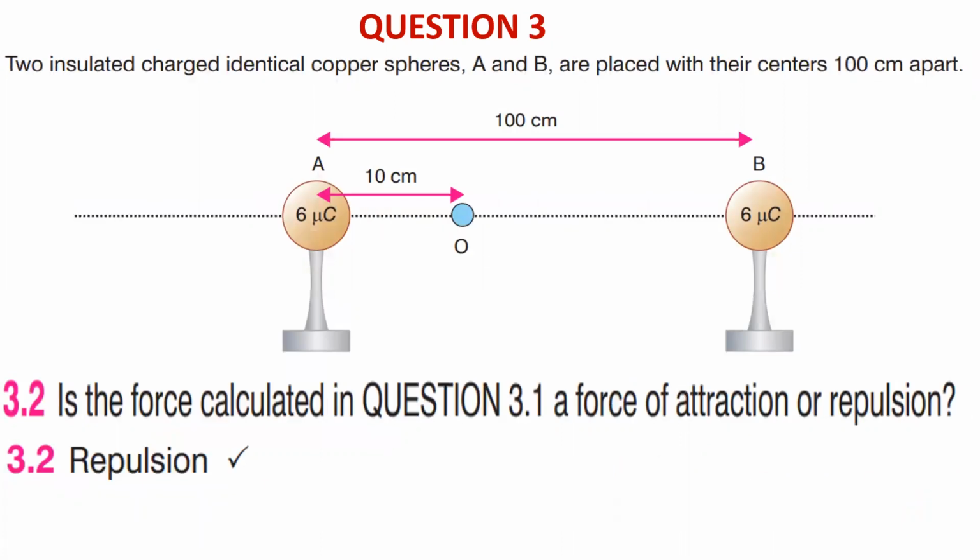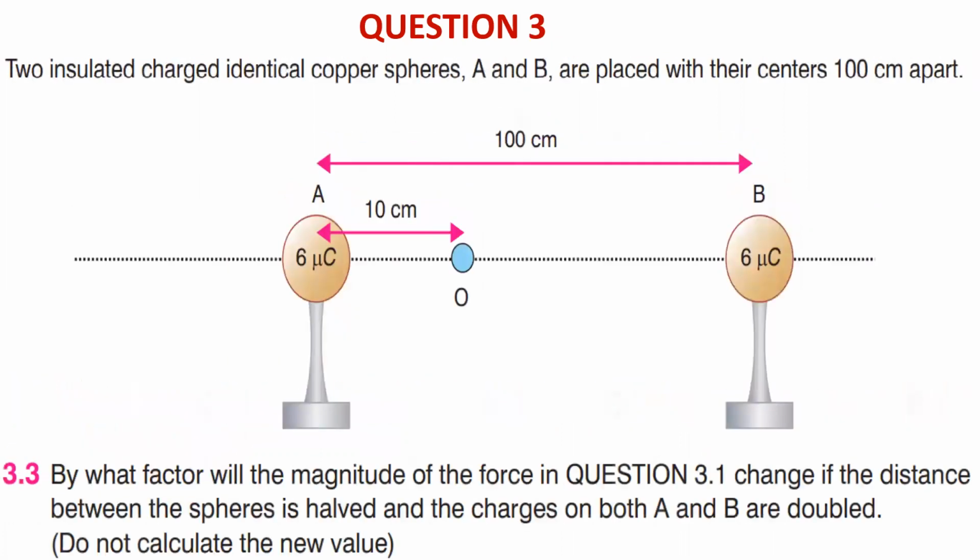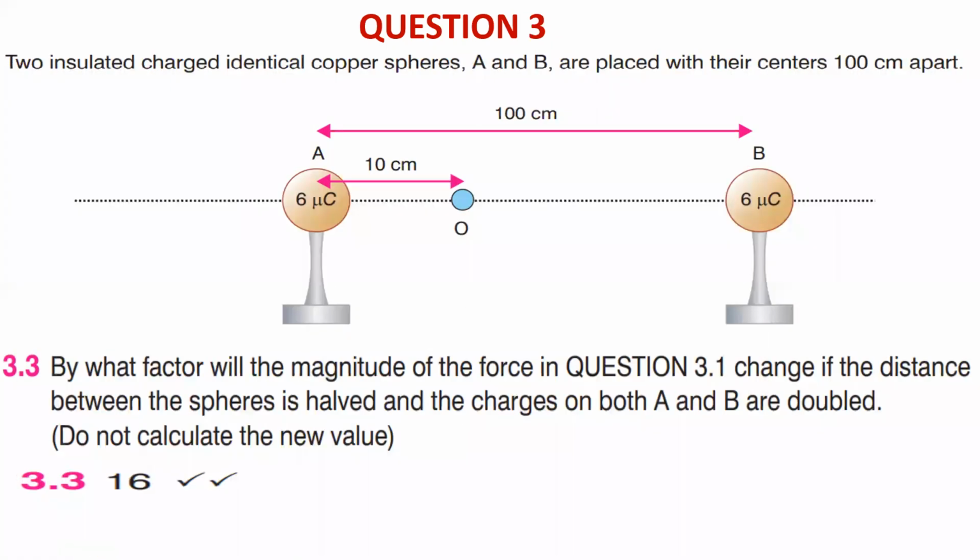And we are going to change what they said and calculate one more time, and then you will see 16 times bigger. It's a long way, but let's try. I'm not completing, just showing that method also. They said distance half. Now you have distance 50 centimeters, equal to 0.5 meters. And then charges double, 12 microcoulombs, and this is 12 microcoulombs.